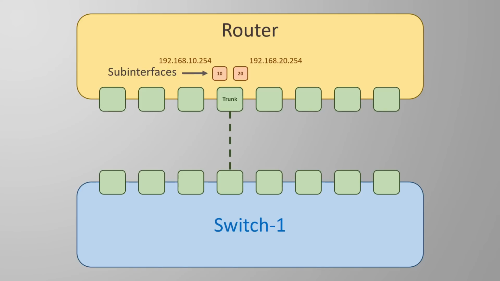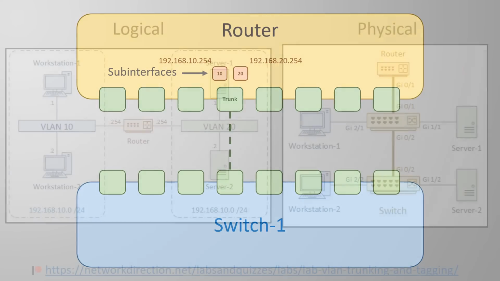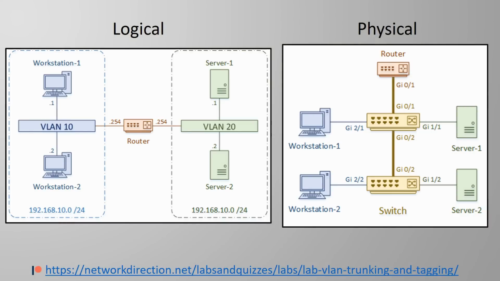This includes different IPs for each one. And these interfaces, even though they're virtual, still behave like regular interfaces, so we can still use them to route traffic between VLANs. This way of configuring the router is called Router on a Stick, or ROAS. It's called this because the single trunk link between the router and switch looks a bit like a stick.